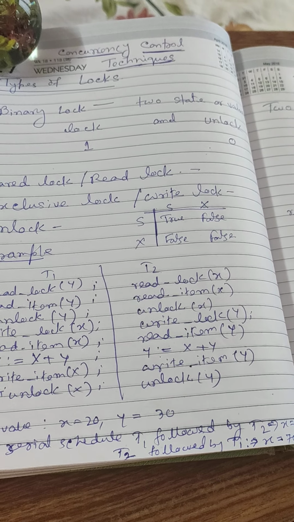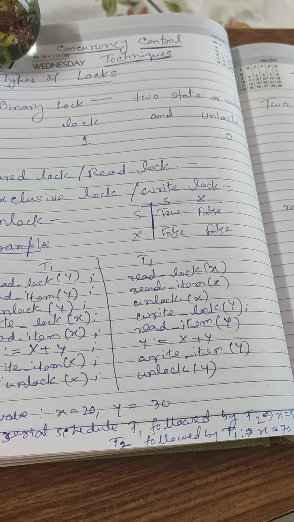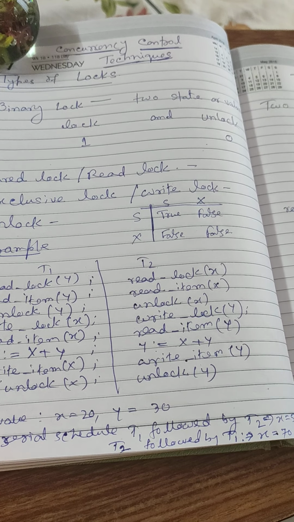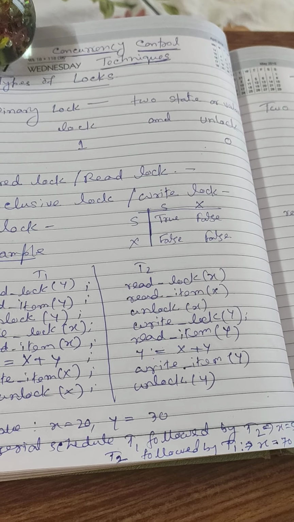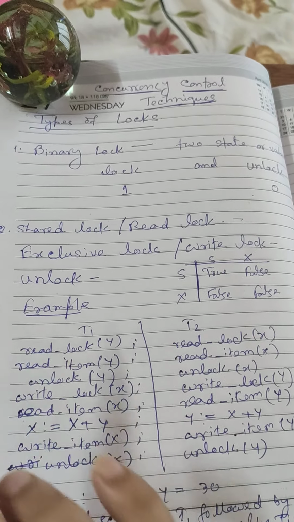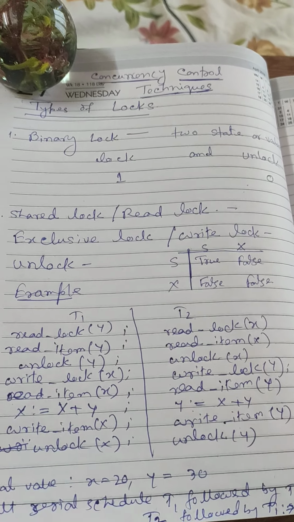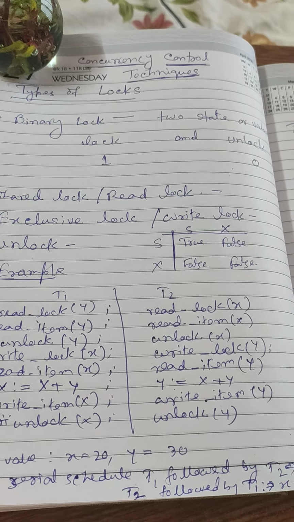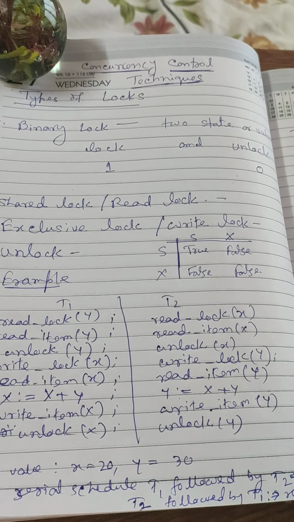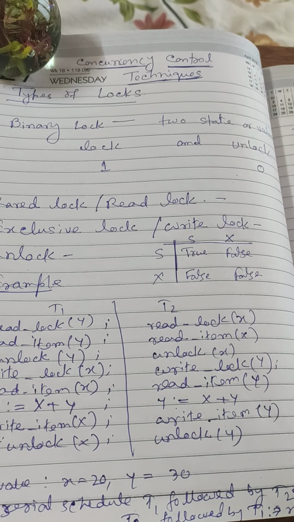Actually, there is one lock for each data item in the database. Binary lock. What is binary lock? Binary lock can have two states or values, locked and unlocked, 1 or 0.